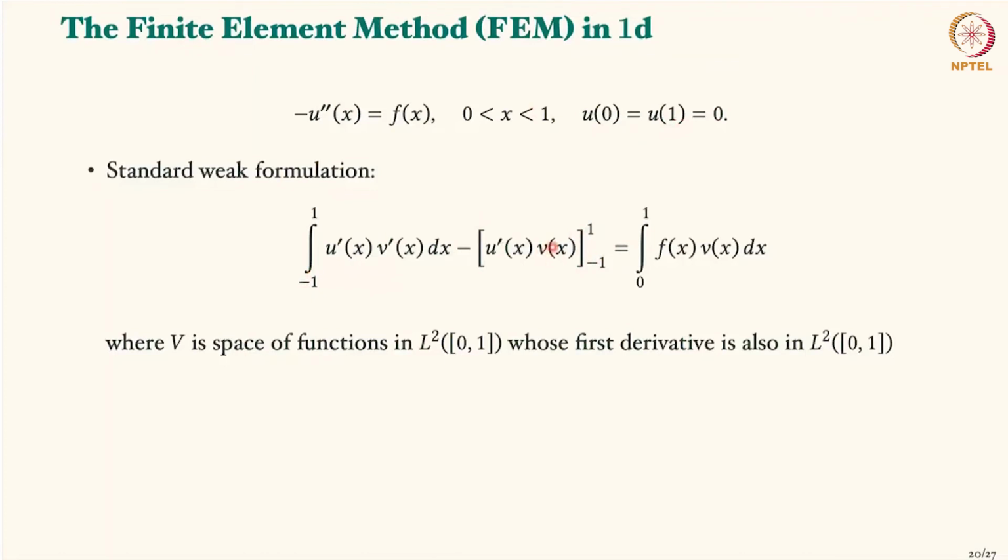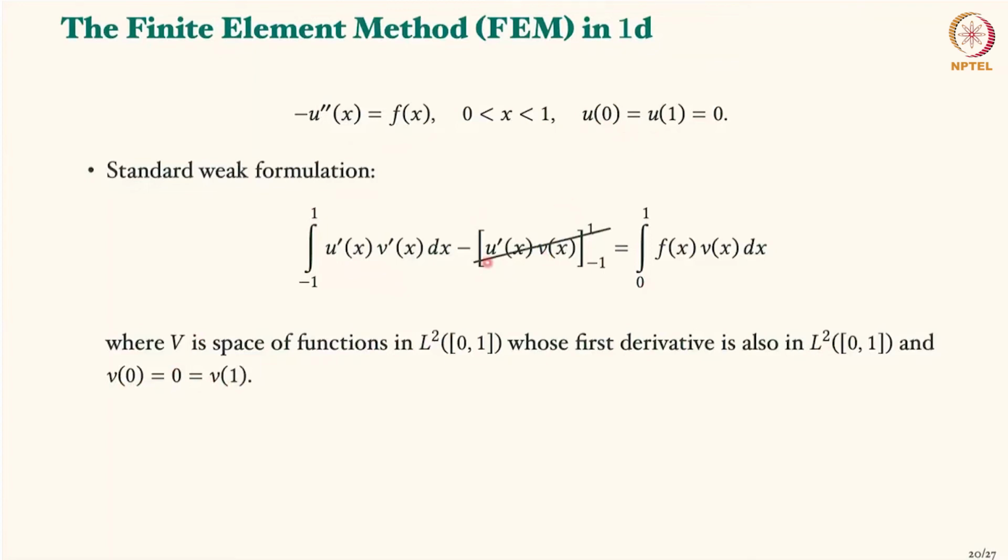Initially I said I'll just multiply this by some arbitrary v of x. But now I'm going to pick the v of x such that v is 0 at x equal to 0 and 0 at x equal to 1, which means this function v mimics the boundary behavior of the unknown solution that we are seeking.